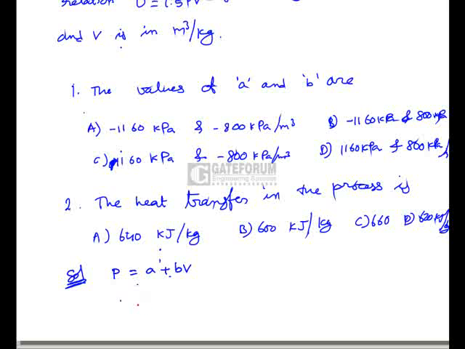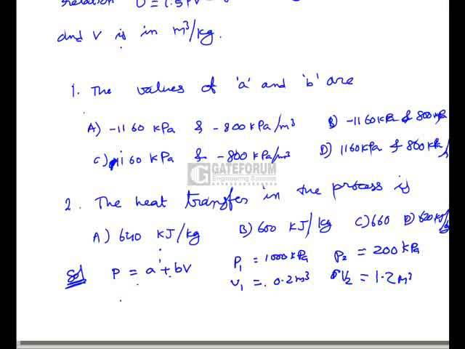according to this relation, but we know the initial and final values of pressure and volume. So here initial pressure P1 is equal to 1000 kilopascal and P2 is equal to 200 kilopascal. And coming to the volumes, V1 is equal to 0.2 meter cube and V2 is equal to 1.2 meter cube.